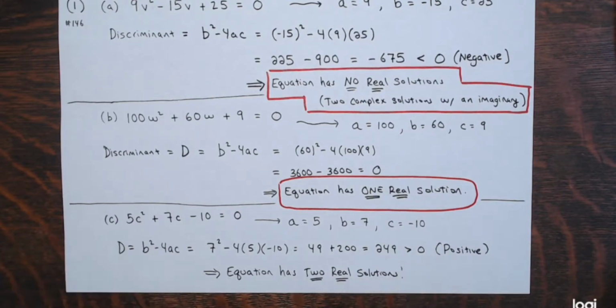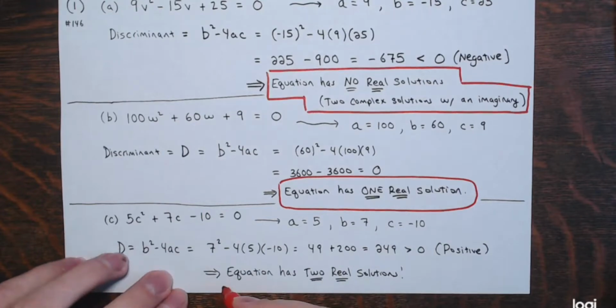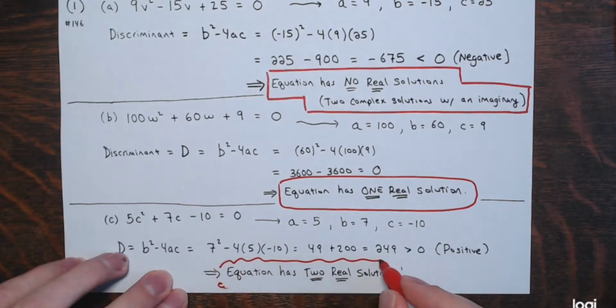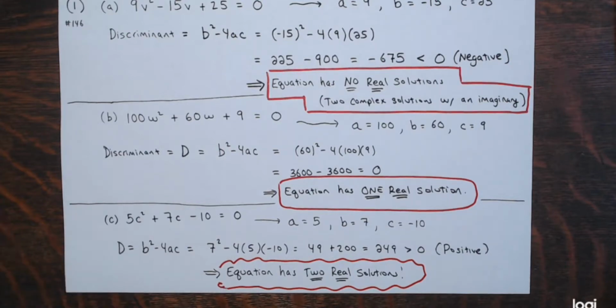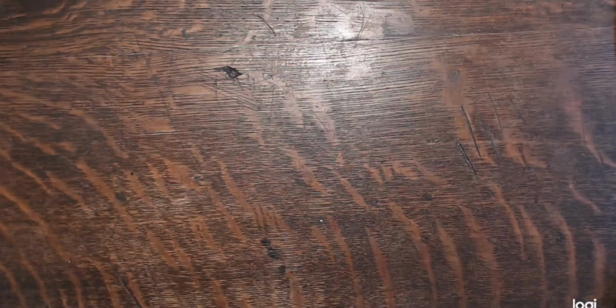And that's it, right? We're not asked to find the solutions. Just say how many real solutions, what kinds of solutions the equation will have. Great. Alright, and the next question, same thing. It's the same stuff, right? I'm doing the same thing for all these.